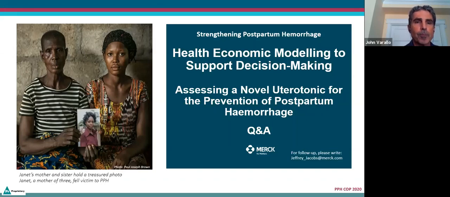So this comes from Daisy Ruto from Kenya. Thanks for an eye-opening presentation in this model. The differences noted in the different uterotonics, for example, oxytocin, is due to repeat treatment. Do we know up to how many repeat doses for oxytocin was accounted for? When we say repeat, is it just one repeat?